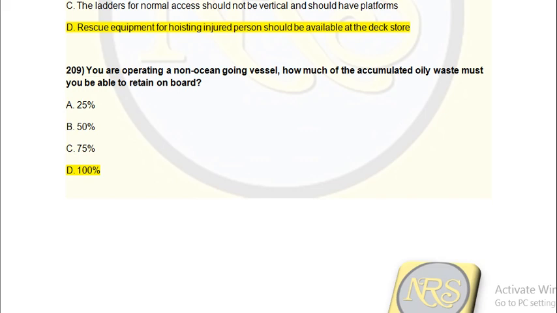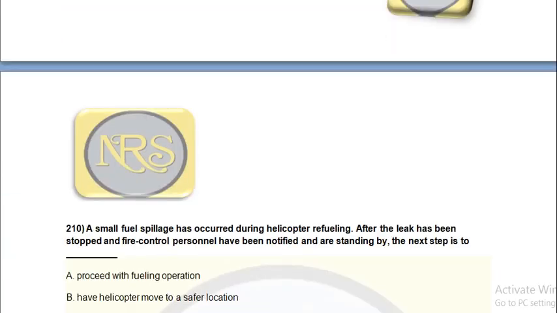This is not achieved for a non-ocean going ship. So in that case, we cannot discharge or burn your sludge inside the ship. So you should have 100% accumulated oily waste tank capacity available for a non-ocean going vessel. So for question number 209, option D, 100% is the correct answer.